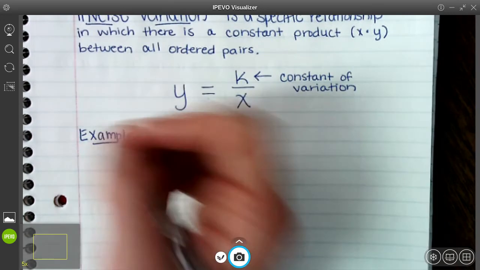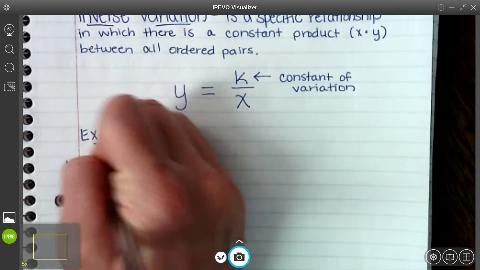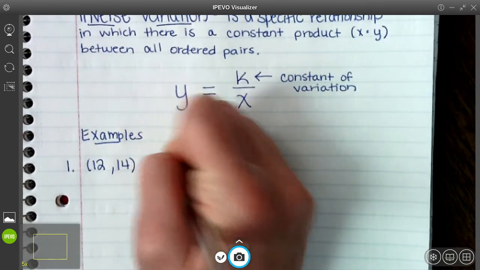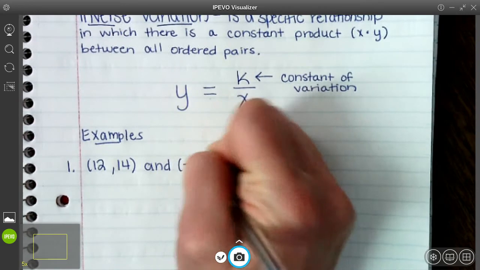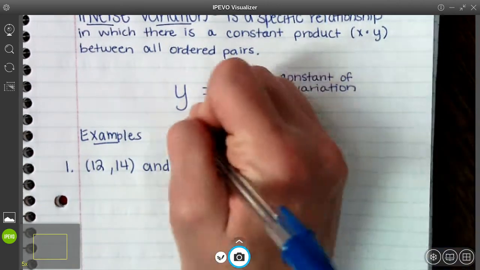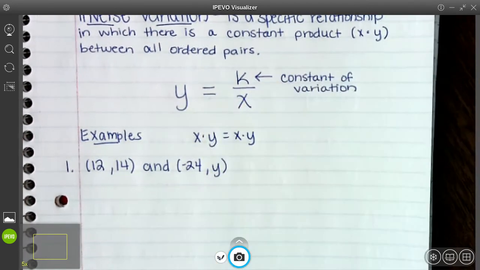So now when we're trying to solve and you're told that it's an inverse variation and you're given your 2 points and you want to find that missing value, we're going to multiply x times y. So x times y equals x times y. So when it's inverse, you multiply those.